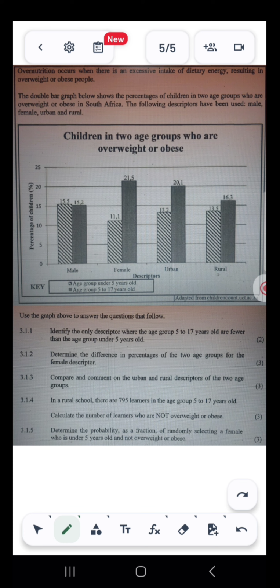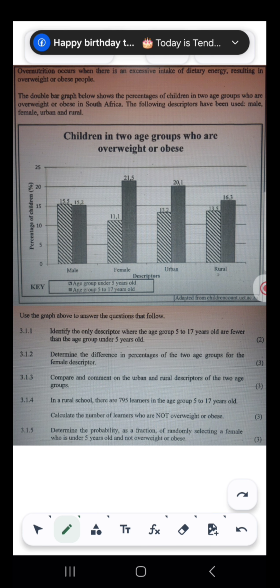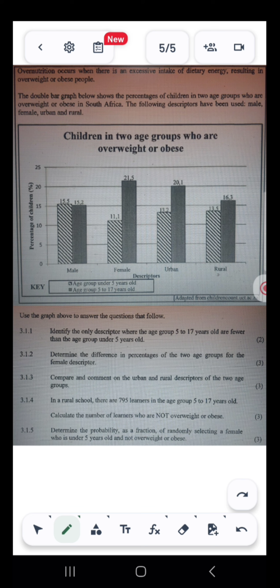Okay, now we've studied this. Let's try to attempt answering the questions, right? Okay, now the first question says 3.1.1. Identify the only descriptor where the age group 5 to 17 years old are fewer than the age group under 5 years old.